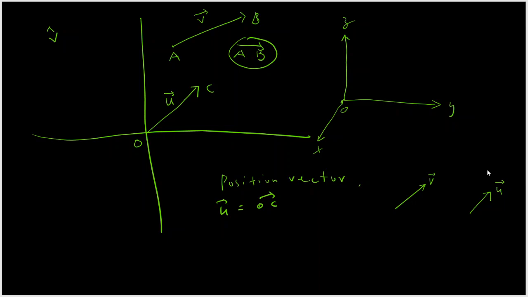I believe you know what I mean by southeast: upward is north, and rightward is east. If the two vectors are pointing southeast and have the same length, these two vectors are equal geometrically. Again, I do not care about their initial points and terminal points; as long as they point in the same direction and have the same length, they are equal. So in this case, we have two equal vectors: vector u is equal to vector v.